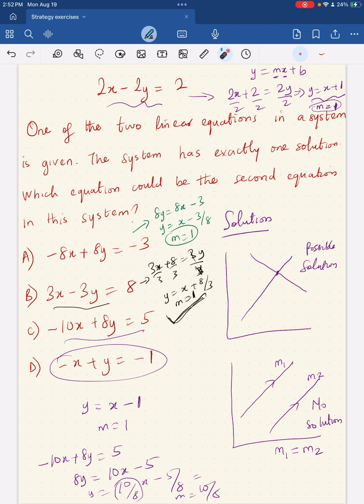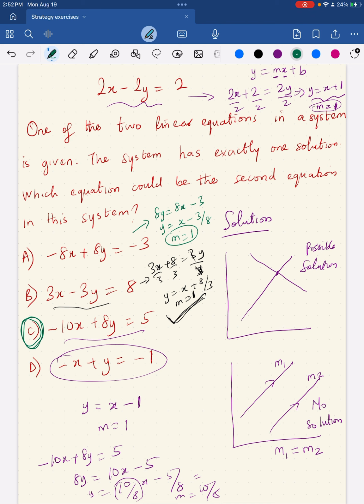B, M is 1 here, M is also 1 here, this won't work. D, M is 1 here, M is 1 here, this wouldn't work. The only one where the slope is different is this one. You have M to be 10 over 8 or 5 over 4, and M is 1, which is this one. So C is incontrovertibly the answer to the question.